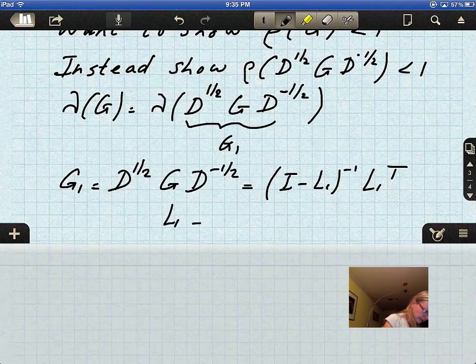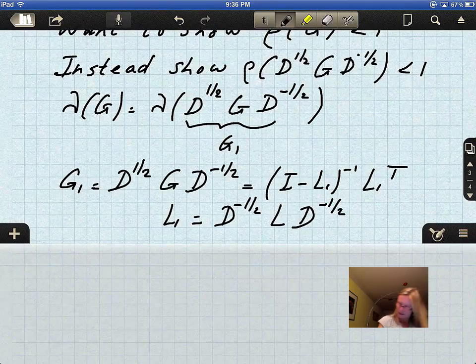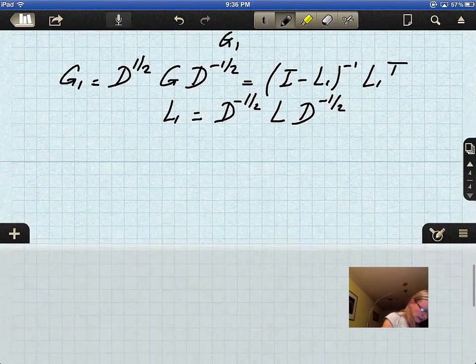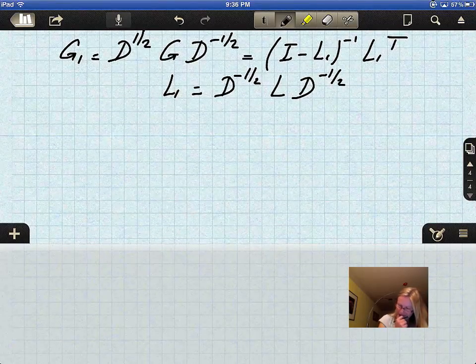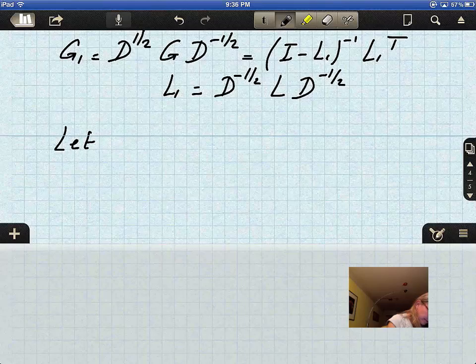And here L1 is also a lower triangular matrix, which is just this weighted L, D to the minus a half, like this. Okay. Right, so now we're going to look at the eigenvalues of G1. So let's take an eigenvector.